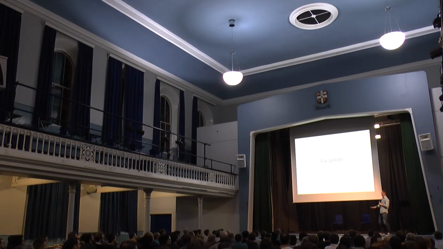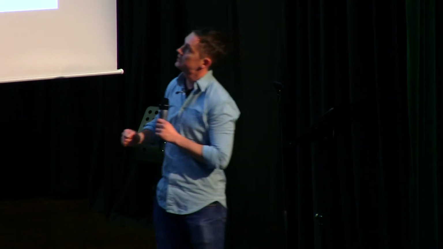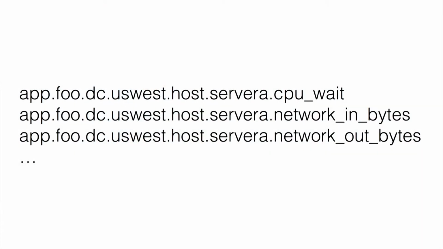All right, Graphite. If you want to answer the question, generally speaking, depending on how you structure your metric names in Graphite, if you want to answer the question of what sensors do I have, you essentially have to traverse the hierarchy. So basically, here we have some examples. Say we have app. So we're essentially going whatever the thing is, then the value, then the thing, then the value.